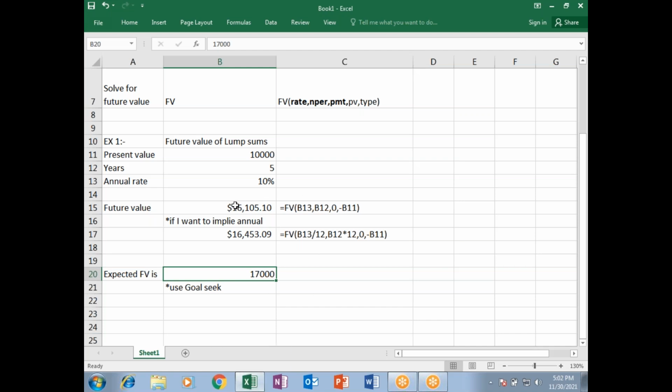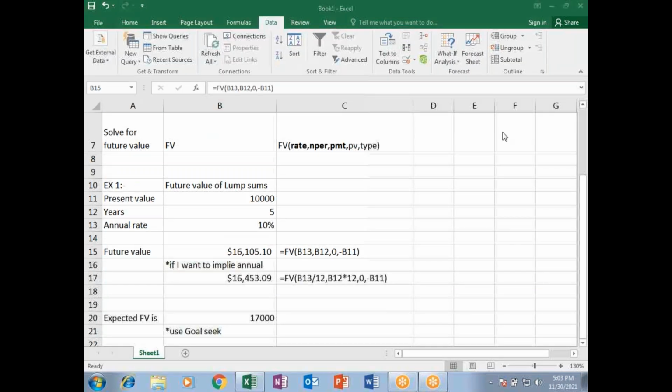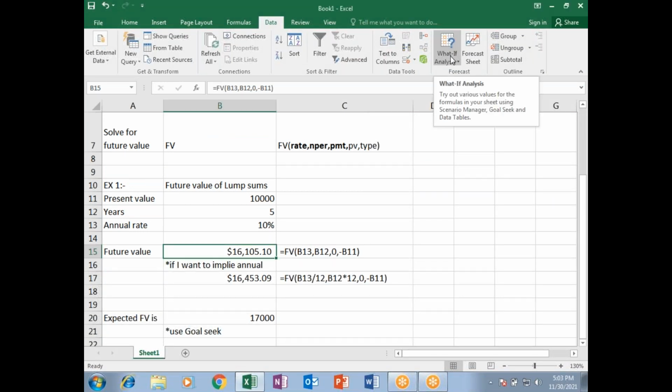First, keep the cursor in the future value, where you want to give the expected value. Then go to the data tab. In the data tab, you need to go to what if analysis. Click here, click on goal seek.